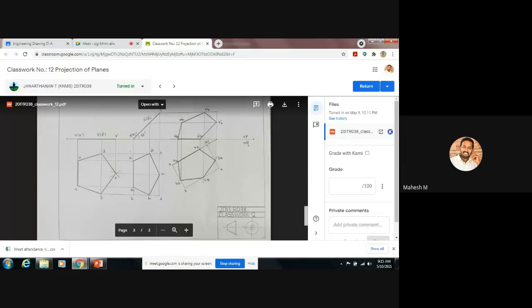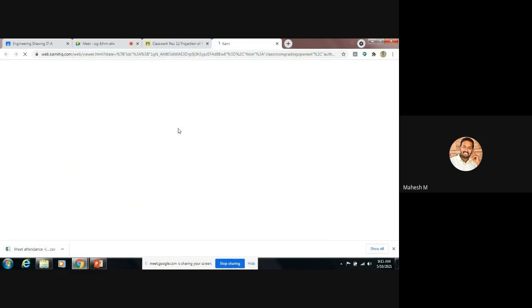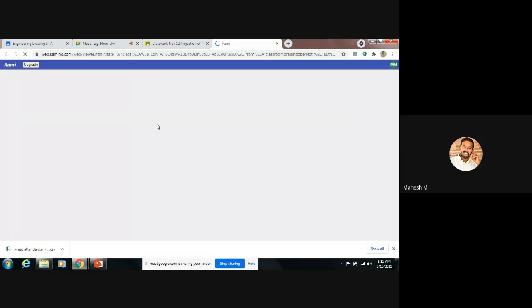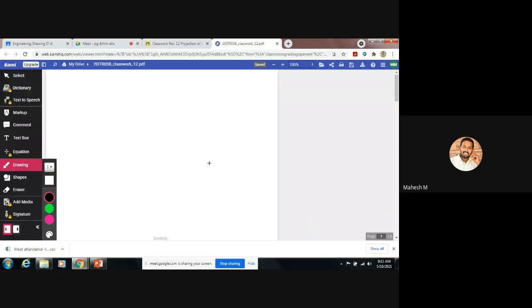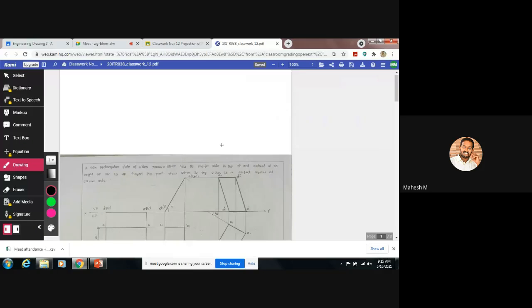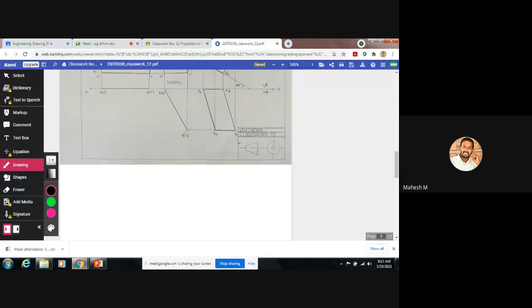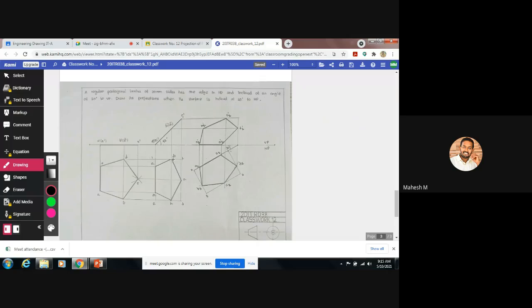And the last one, the last sample. So here the diagrams are okay. So everything is right.